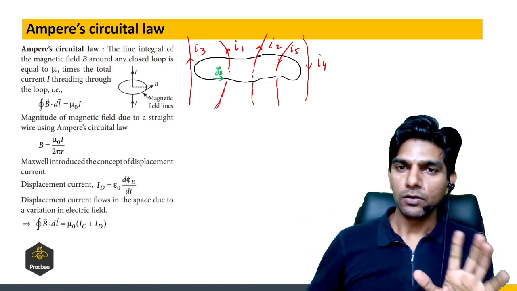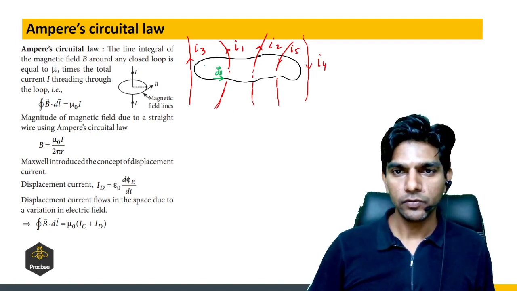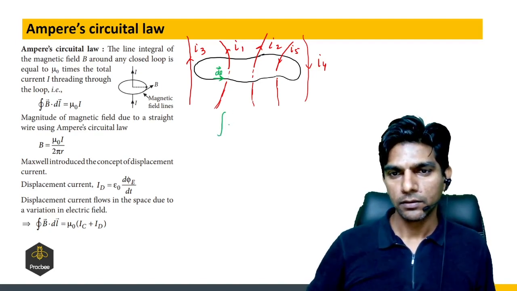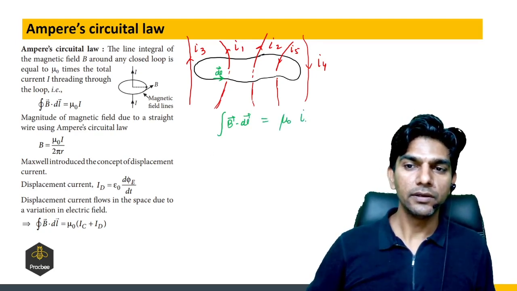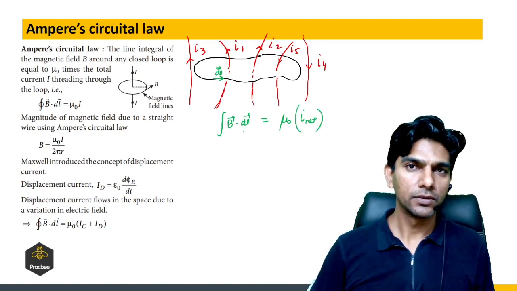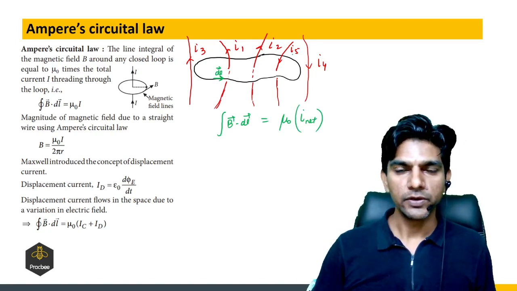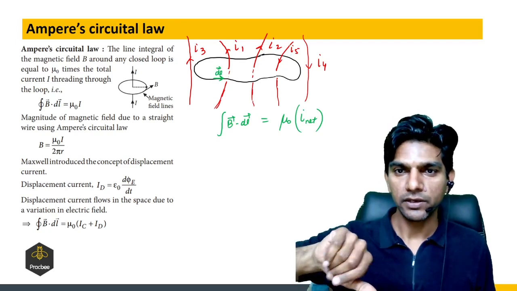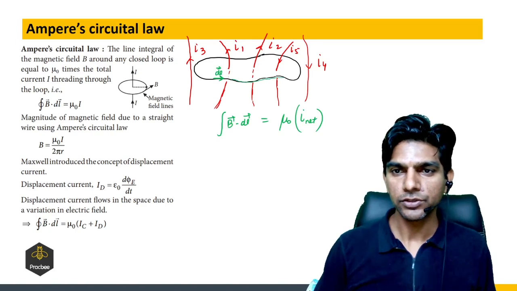Okay. So according to Ampere's circuital law, the line integral over this loop of B dot dl should be equal to mu naught times the net current piercing the loop. And we should take I1 and I2 as positive and I5 as negative, because for I5 the direction comes out different, since we are integrating in this particular direction.